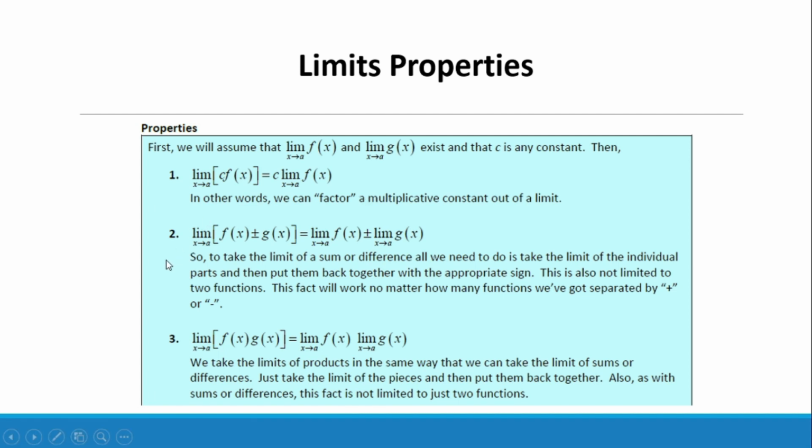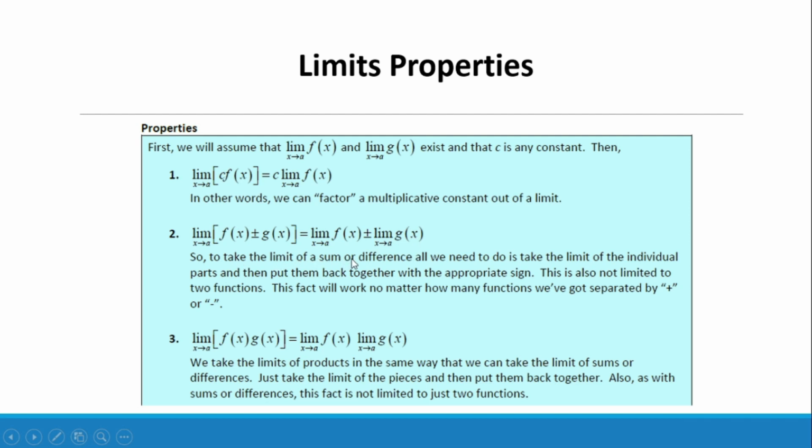Number 2, the limit as x approaches a of f(x) plus or minus g(x) is equal to the limit as x approaches a of f(x) plus or minus the limit as x approaches a of g(x), which means we separate the function f(x) and the function g(x).